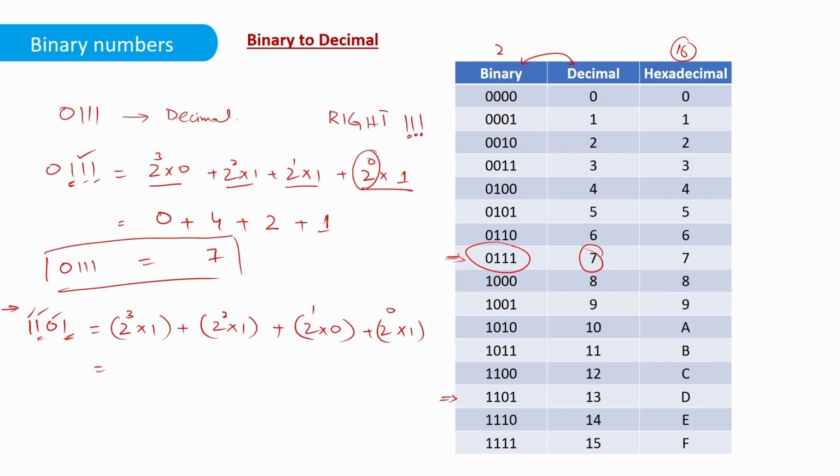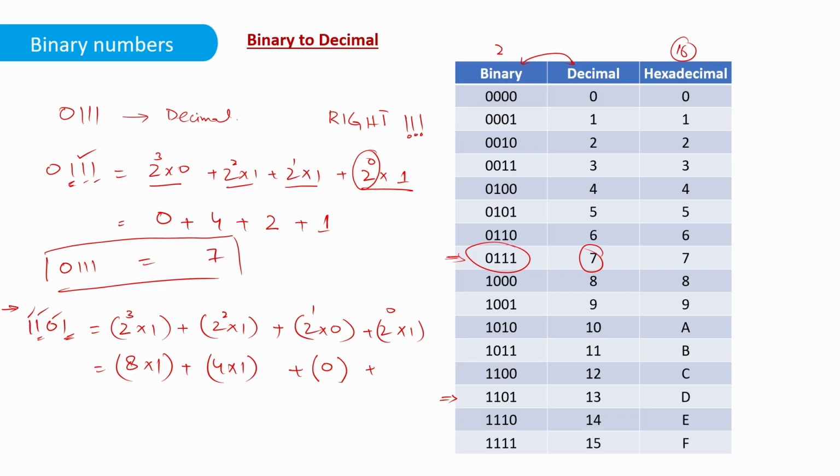So 2 power 3 is 8. We know that, like 2 times 2 is 4, then multiply by 2 again. So it becomes 8. So 8 times 1. Plus 2 squared, this is 4. So 4 times 1. Now 2 power 1 is 2, but it is multiplied with 0. So I will directly write 0. And anything with power 0 is 1.